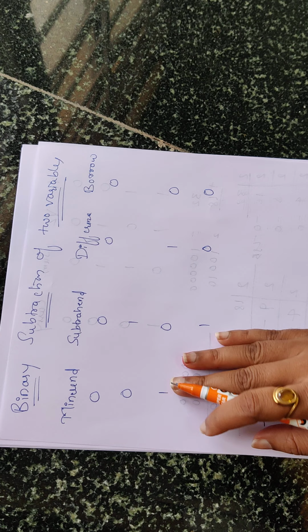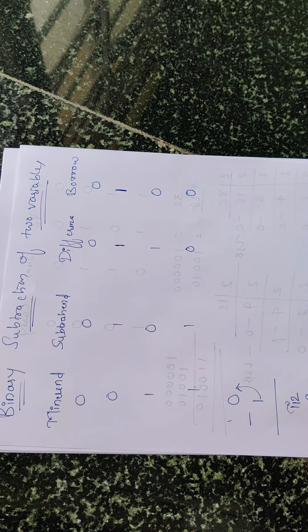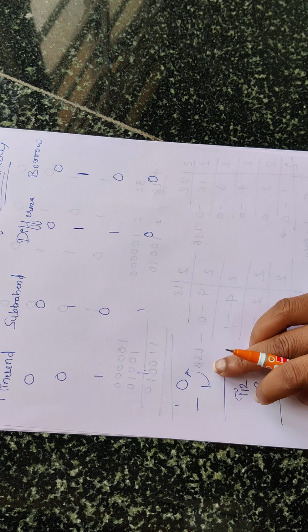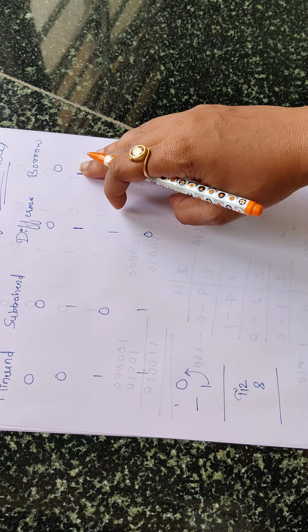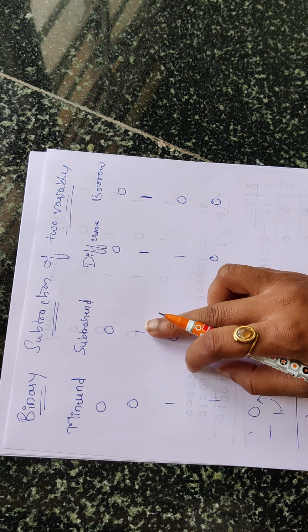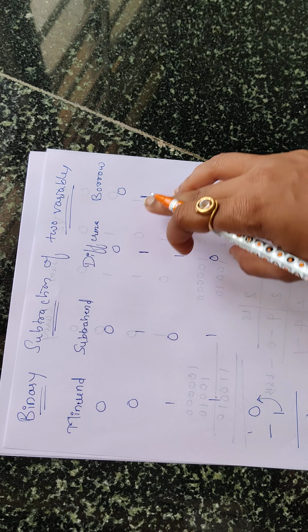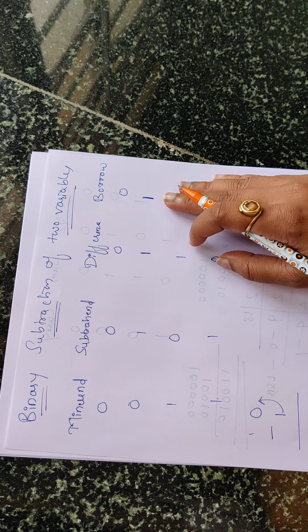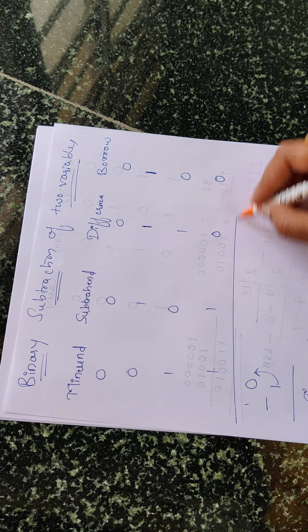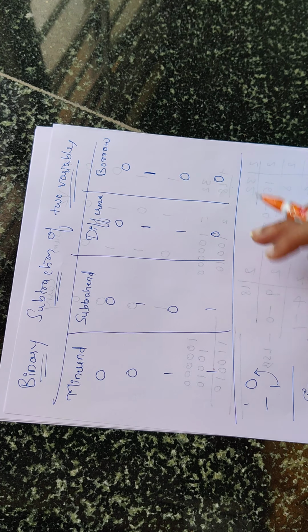So our answer is borrow 1 and difference 1. Done? 0 minus 1 means you have to take a borrow from the left, and the difference comes as 1. So for 0 minus 1, the difference is 1 and the borrow is 1. So remember this table for your subtraction, that is minuend, subtrahend, difference and borrow.